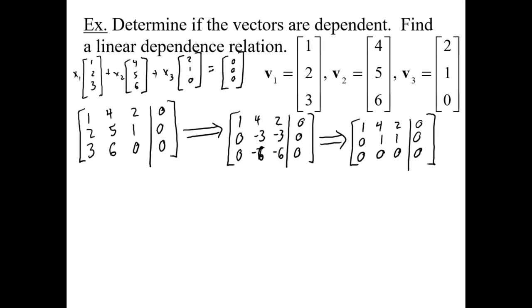Right away, I can answer one of the questions here because I can see there is a free variable. There is a column with no pivot.